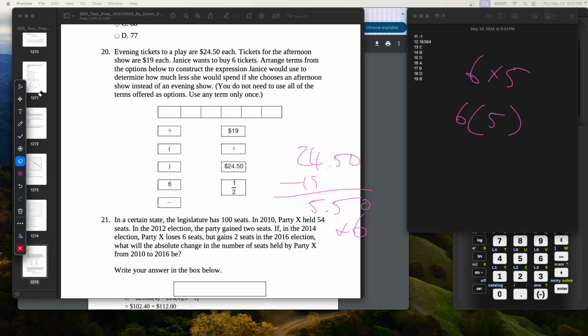So I think they probably want 6 parentheses 24.50 minus 19 close parentheses. You start with the parentheses, so you find the difference in price of a ticket between evening versus afternoon. And then you multiply that by 6 because you're going to buy 6 tickets.